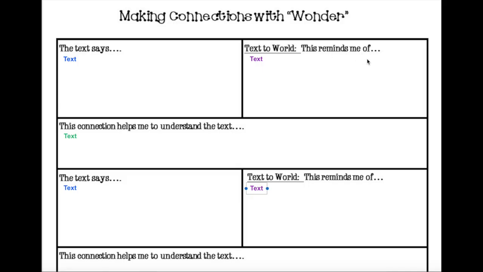This reminds me of, and this is where you fill in the real world event that the text reminds you of. And then down here, the last piece is this connection helps me to understand the text, and you explain how the real world connection to the text helps you to understand how the characters are feeling or the scenario that is taking place.